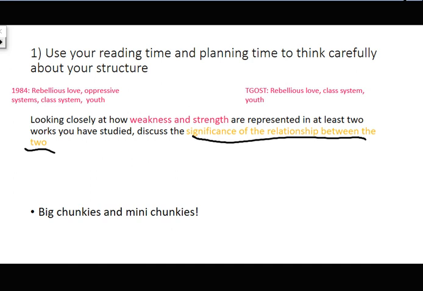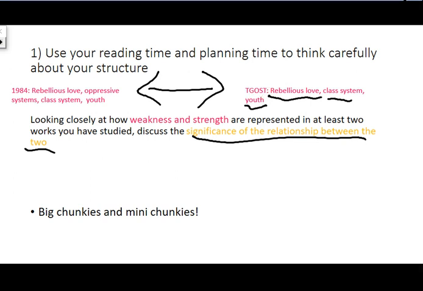So when I now think about my structure, I can look at similarities and differences here, and I can see things that can definitely be put together, basically all three of these. So they're going to form my big chunkies, which will look at how weakness and strength are represented.